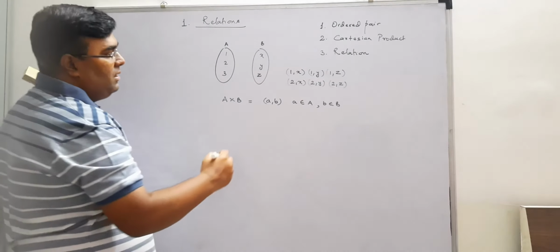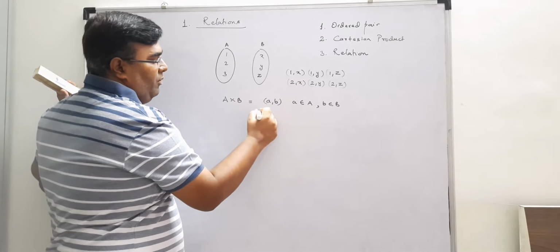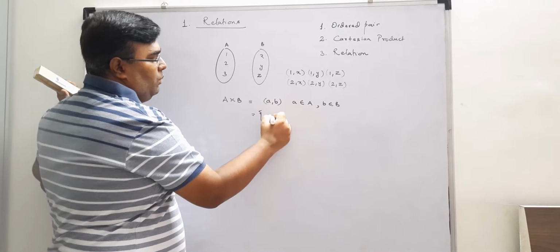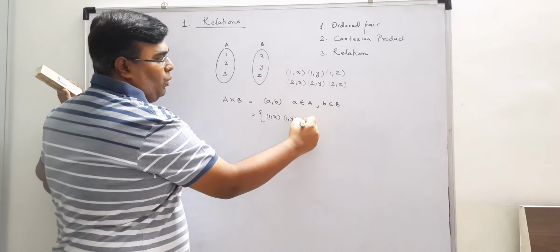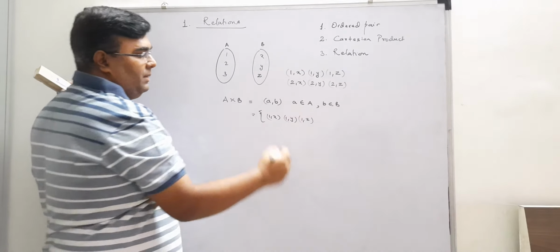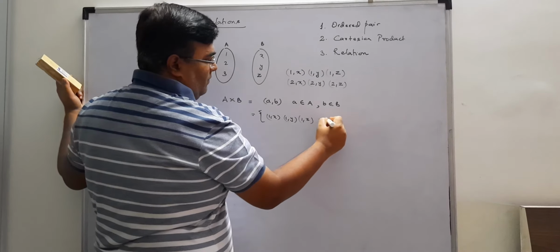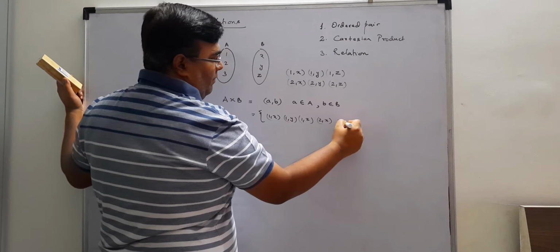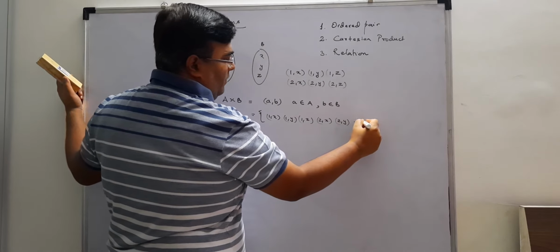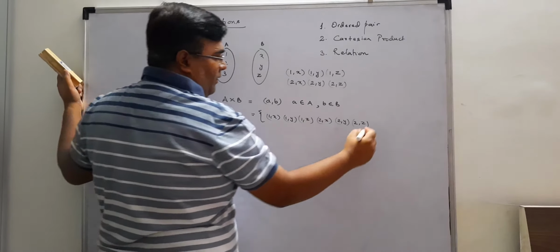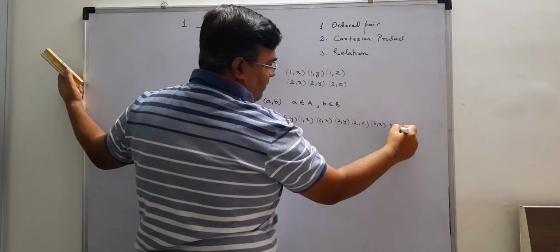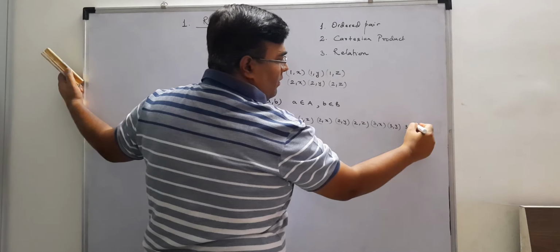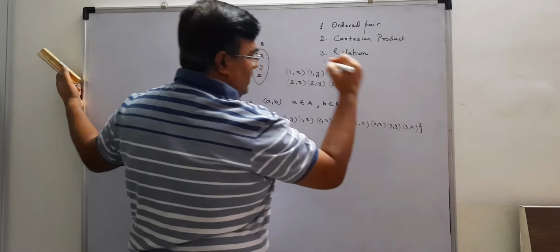So in this case my ordered pair will be like 1x, 1y, 1z, 2x, 2y and 2z. Similarly 3x, 3y and 3z.